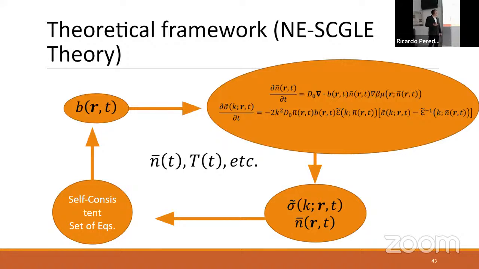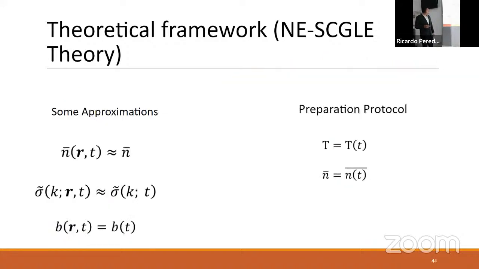So the non-equilibrium part of this theory, or how these quantities evolve, is in principle described by how we operate such thermodynamical properties. So by doing some approximations and by stating a certain preparation protocol, we are actually able to solve the equations that I just discussed.